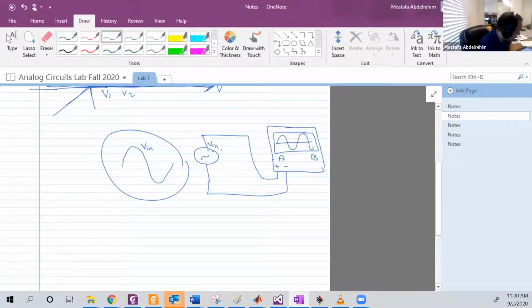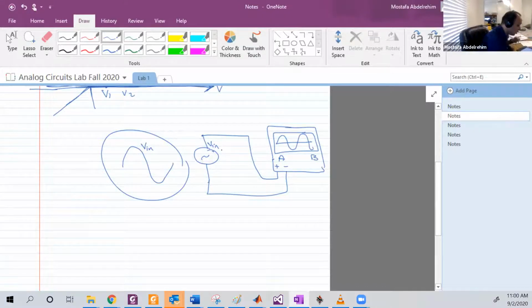Okay, that's very nice. And we know also that oscilloscopes cannot measure current. That's a problem, but we'll get around it.